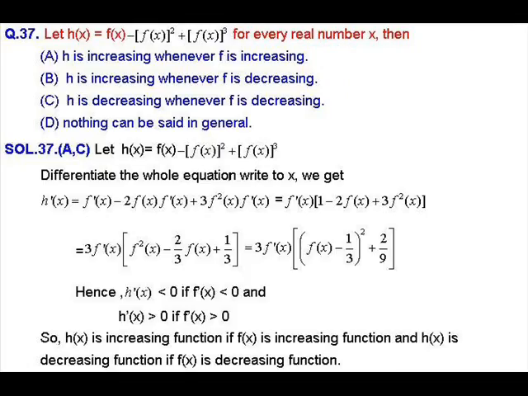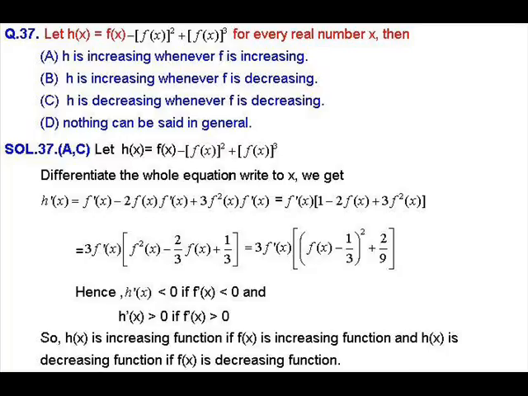Solution of question number 37. Here we have h, a function defined in terms of another function f on the real numbers. That is, h(x) is equal to f(x) minus f(x) whole square plus f(x) whole cube. Now we will check how the increasing and decreasing nature of f affects the increasing and decreasing nature of h.